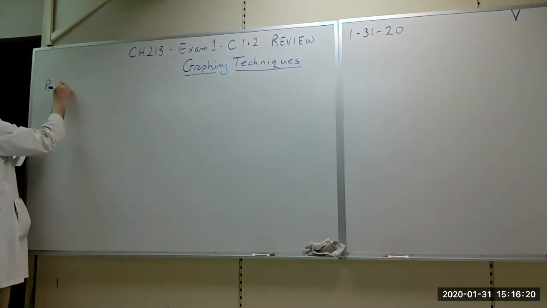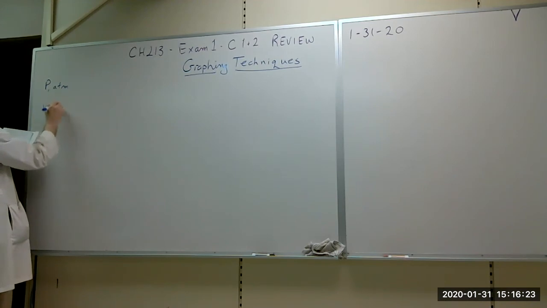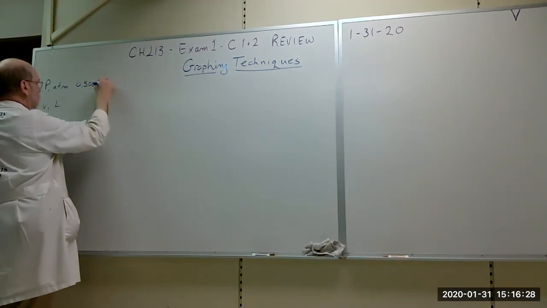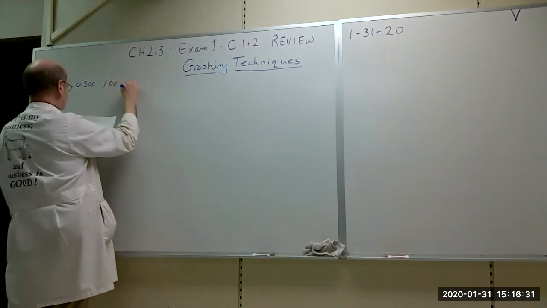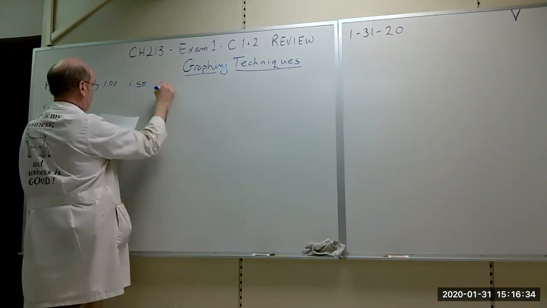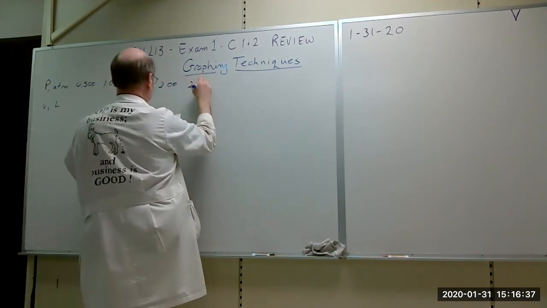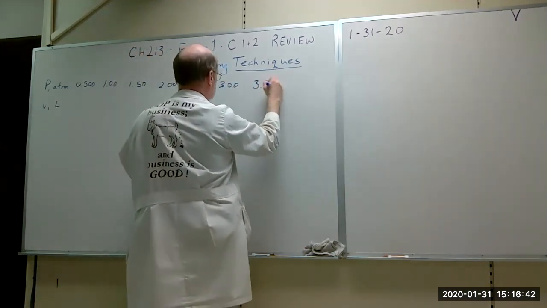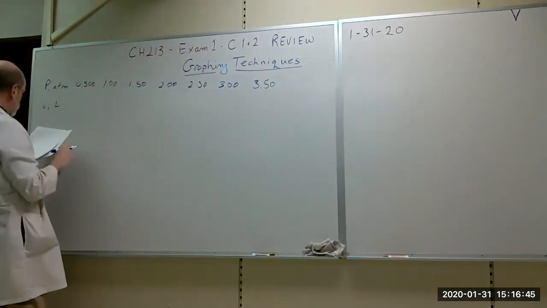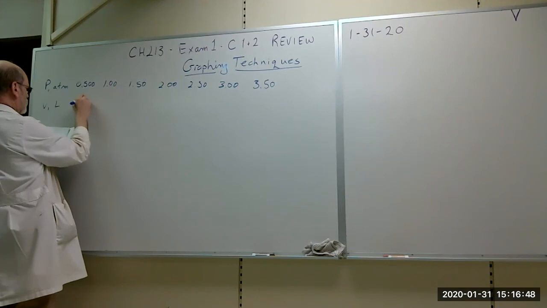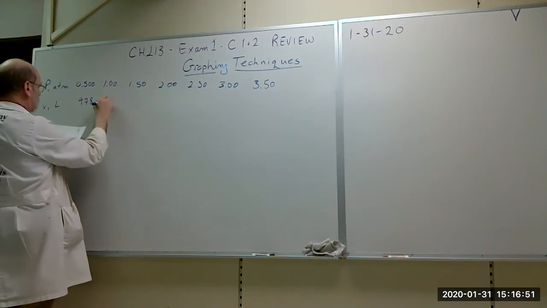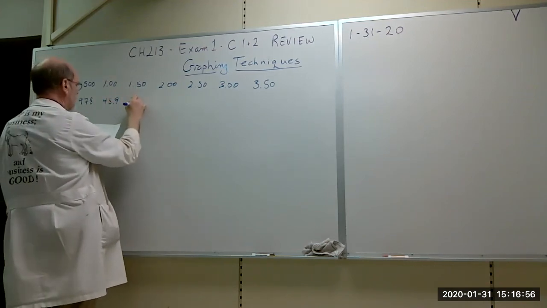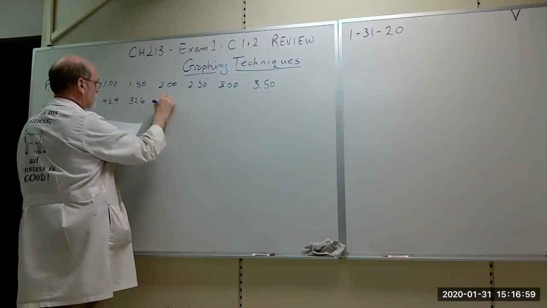Pressure in atmospheres, volume in liters. So pressure is 0.5 atmospheres. We go up by increments of a half, it looks like. Okay. And at each one of those pressures, we measure a volume. 97.8 liters and 48.9, 32.6, 24.5.